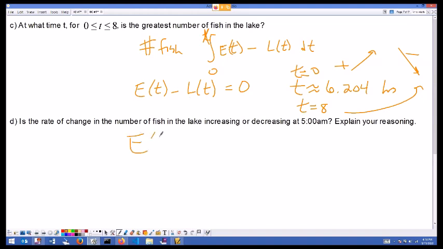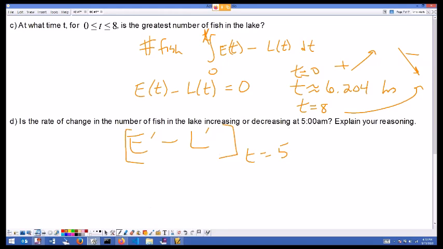So we are looking at E prime minus L prime evaluated at t equals 5, and you've got a calculator that will do that for you once again. If this was the actual test, you'd have to do it yourself, but you don't. So plug it in and see what you get.